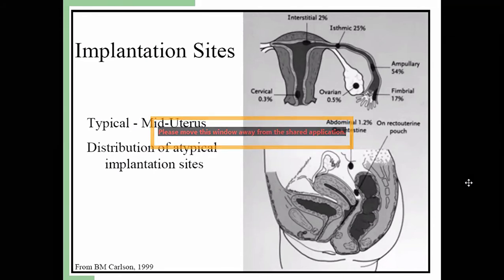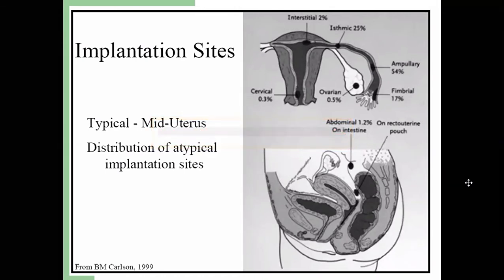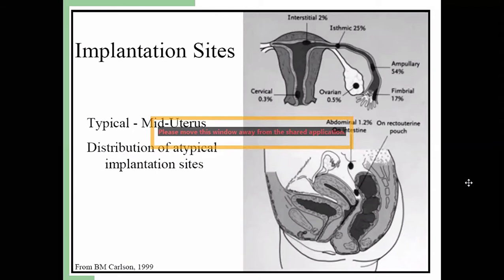So ectopic pregnancy will encompass several types of ectopic. One is the interstitial pregnancy. It is part of tubal pregnancy, but it is on that part of the tube that penetrates through the wall of the uterus. So it is 2% of cases in ectopic pregnancy.